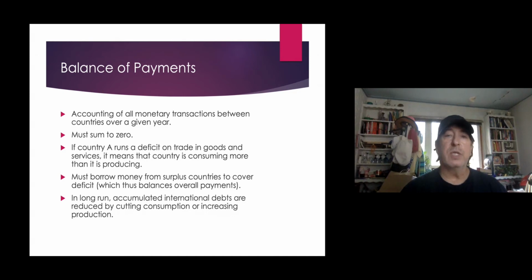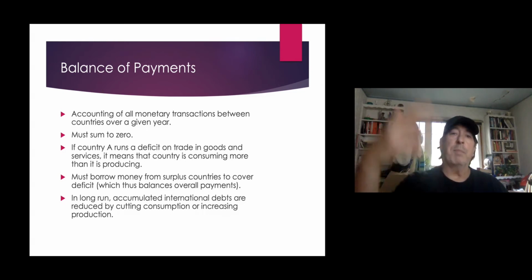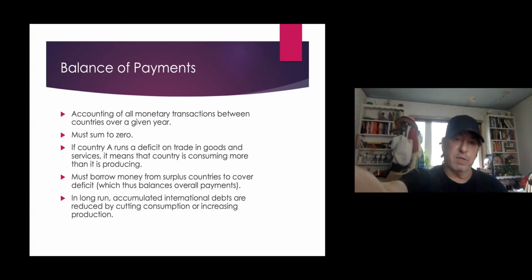But when a country is going into debt by consuming more than it produces, it means that its people are basically subsidizing their current standard of living by borrowing against their future standard of living.